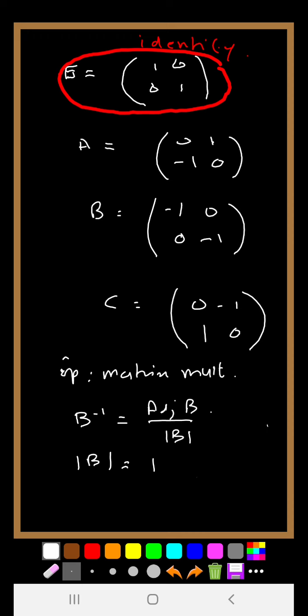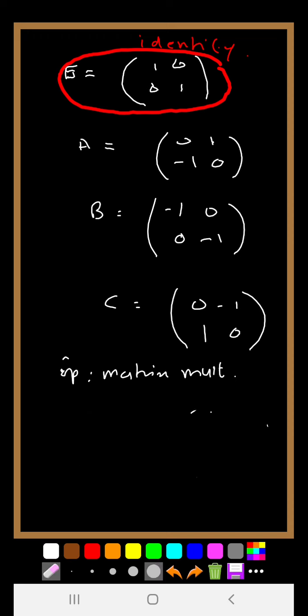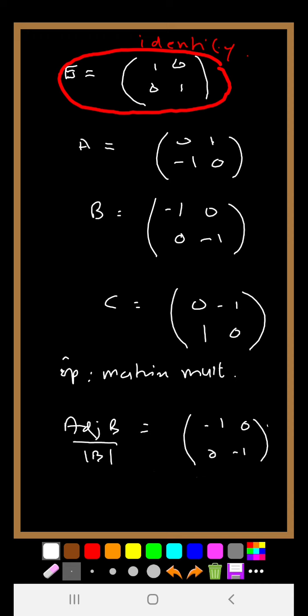So the adjoint of B is minus 1, 0, 0, minus 1. So it's divided by 1, and you get back B. So B inverse is actually equal to B. This is the self inverse. So the inverse condition is also satisfied. Hence, we can say that this is a group consisting of the following elements, where all the conditions of the group have been satisfied.